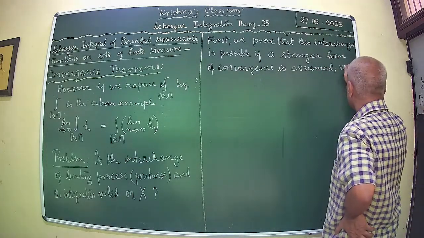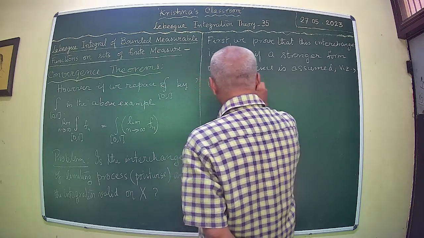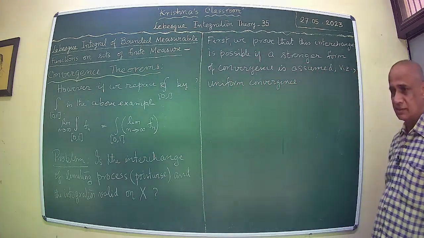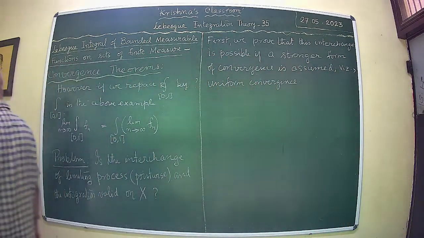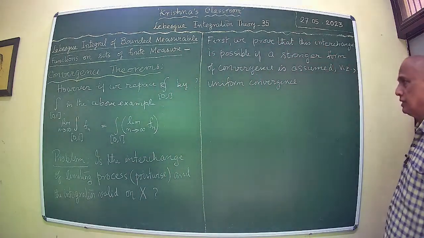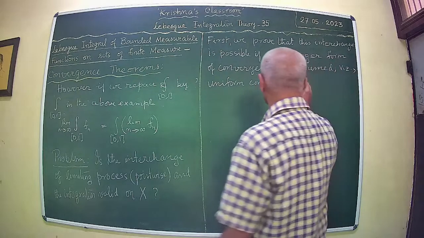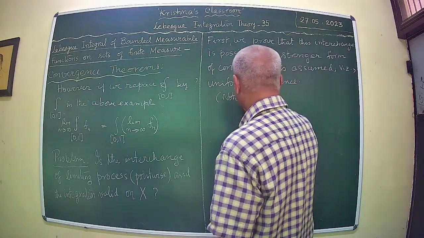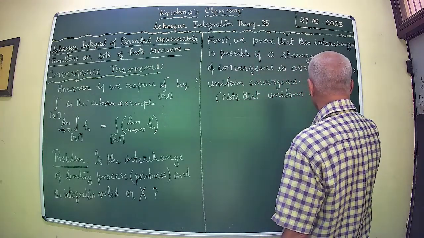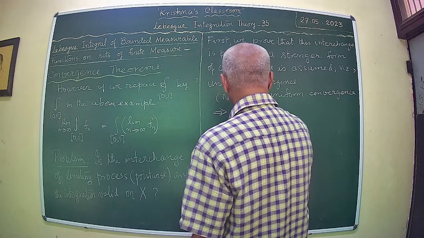Namely, uniform convergence. That means we assume that on X, we look at all sequences Fn which converge uniformly to some function, in fact some element of X, because you know that uniform convergence implies pointwise convergence.